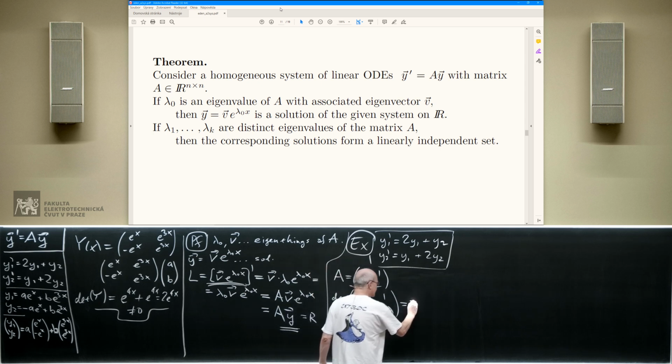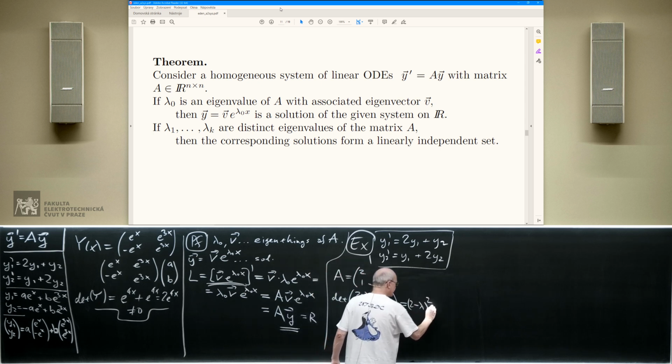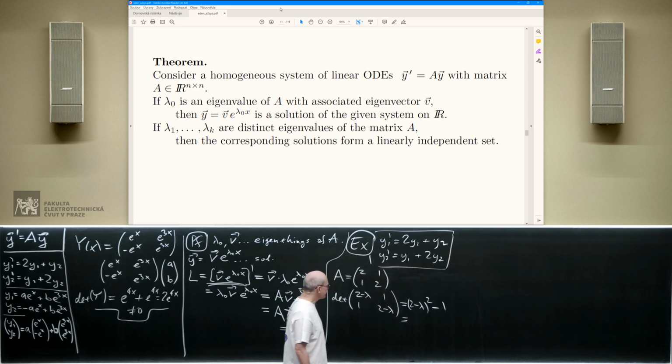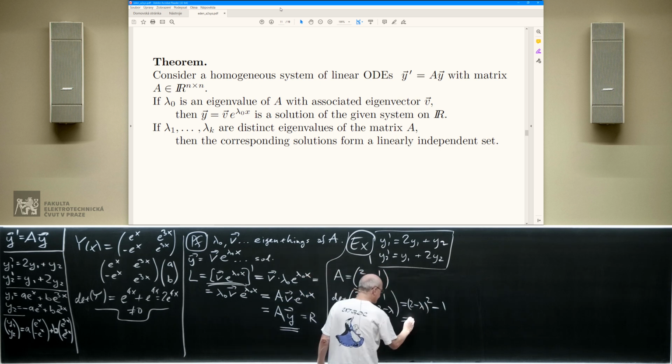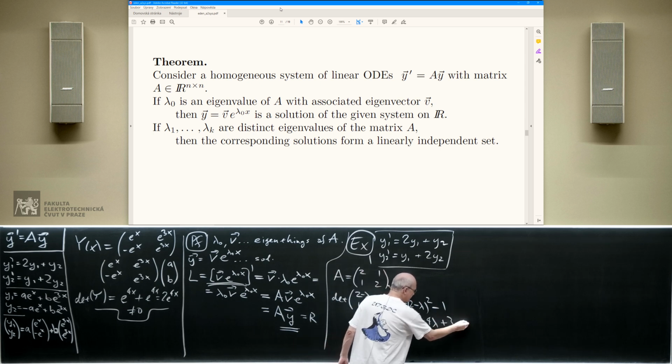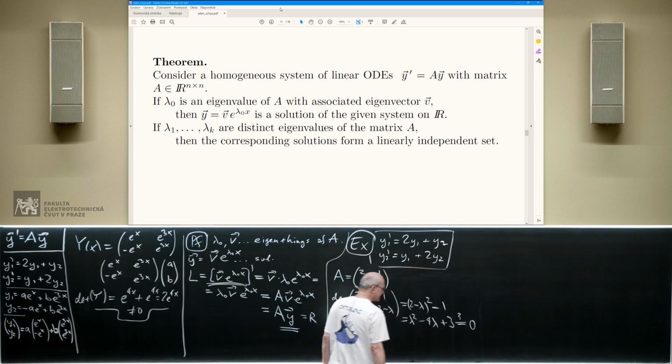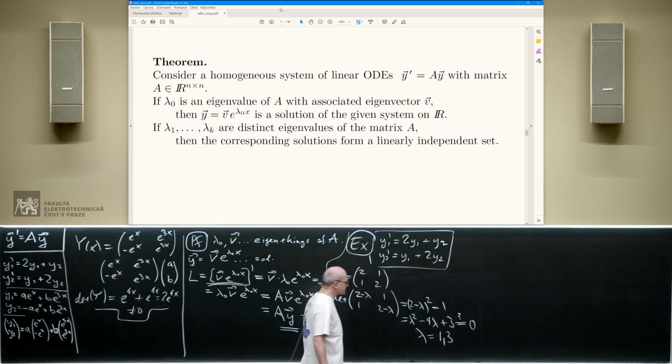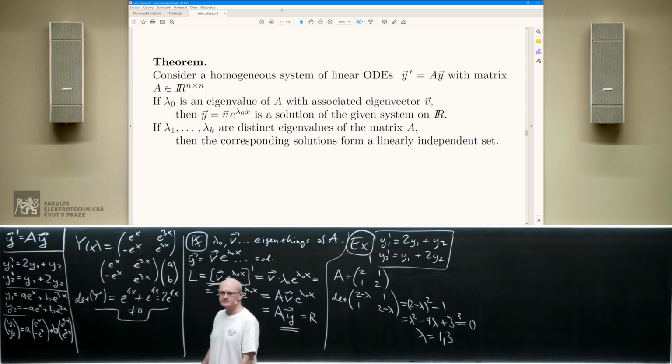This is (2 minus lambda) squared, actually, minus 1. Let's multiply out. This is actually lambda squared minus 4 lambda plus 4 minus 1, which is plus 3. And we are asking, could it be 0? And the answer is, of course. And the eigenvalues are 1 and 3.